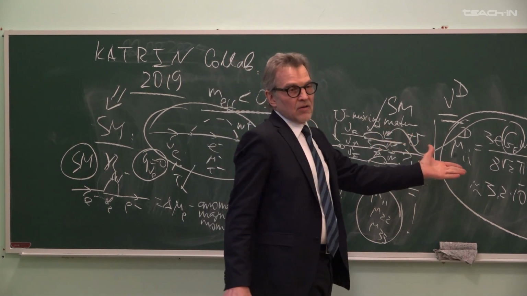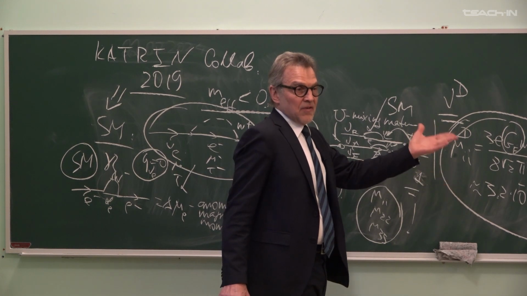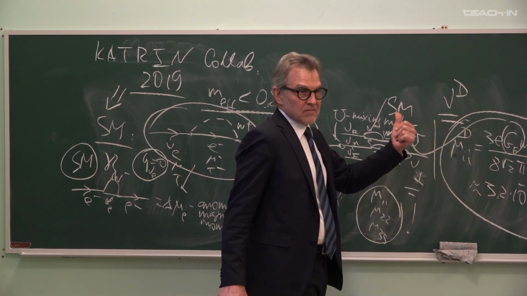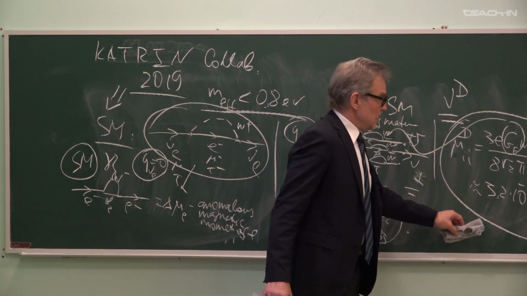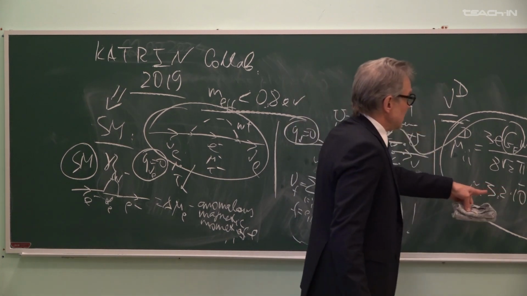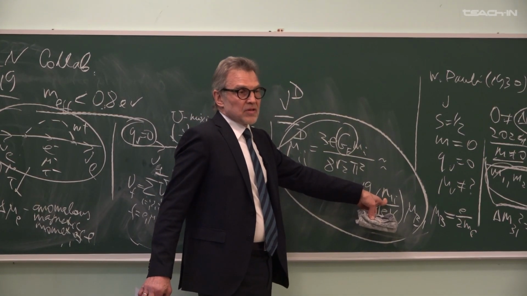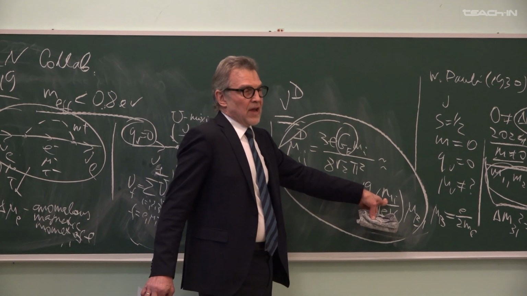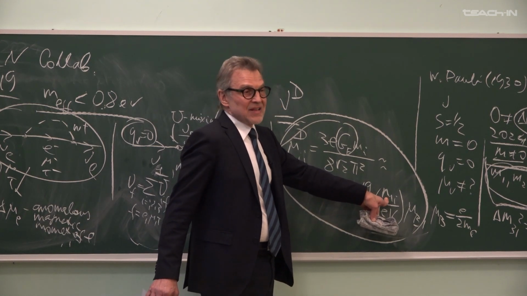And this is a tiny value, by the way. If you remember the electron, this is an anomalous magnetic moment of the neutrino. If we take the KATRIN limit, KATRIN set a limit of about 1 eV, or 0.8 eV, on the effective mass of neutrinos.